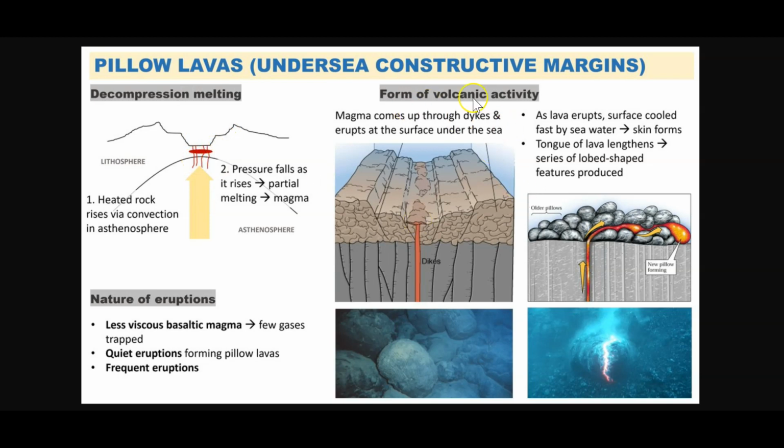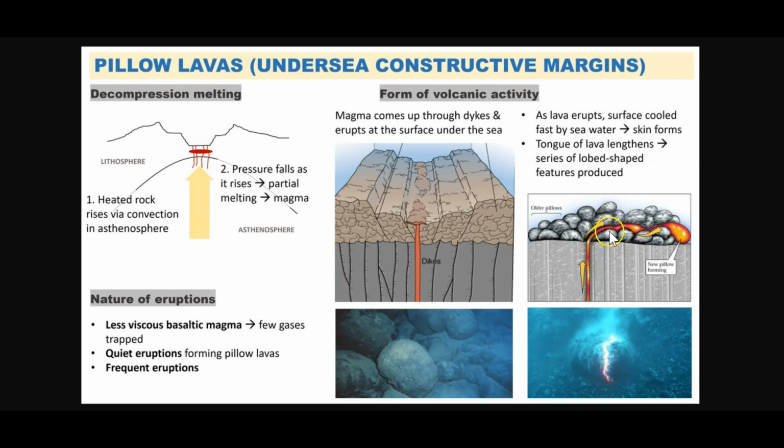So what's the form of the volcanic activity? We've seen here the magma rising into the magma chamber, and then it comes up through these vertical dikes or intrusions into the ground, and as it comes up towards the surface, it then erupts at the surface. Now, the way in which it erupts, it comes out onto the surface, and because it immediately hits the sea, the surface of it is cooled very quickly, and you get the skin forming on top of it.